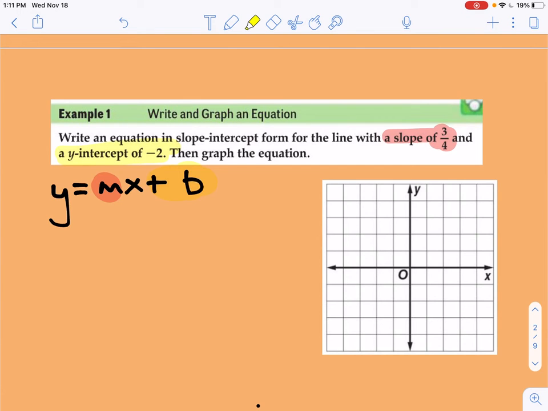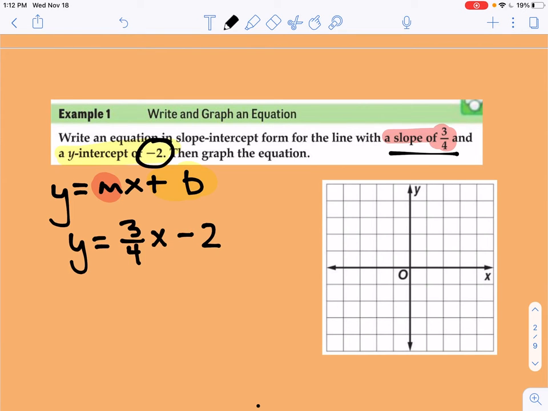All right, so if I'm going to write this equation, I'm just going to take the information that's in the sentence and plop it in. So m is my slope, and it says the slope of 3/4. Where I see m, I'm going to replace it with 3/4. I'm going to write x. And where I see plus b, I'm going to replace that with my y-intercept, which is -2.